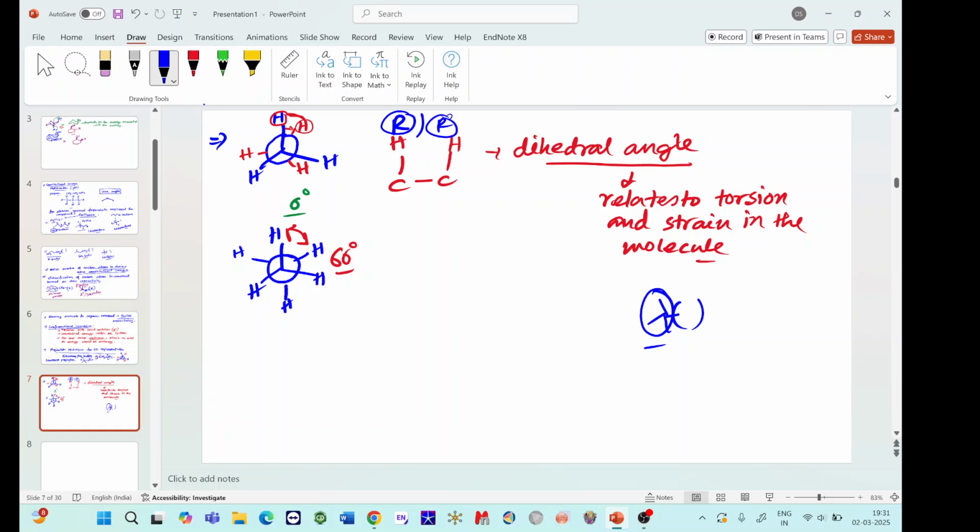They have a lot of steric hindrance. So this angle will not be preferred because of the high strain. Compared to this one, if the dihedral angle is increased, their steric repulsion will be less. So energy will be less, and this one will be more favorable.